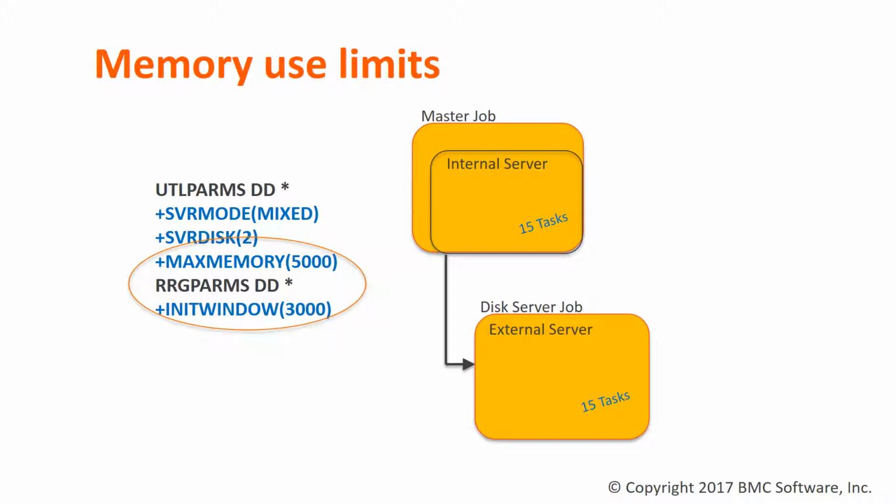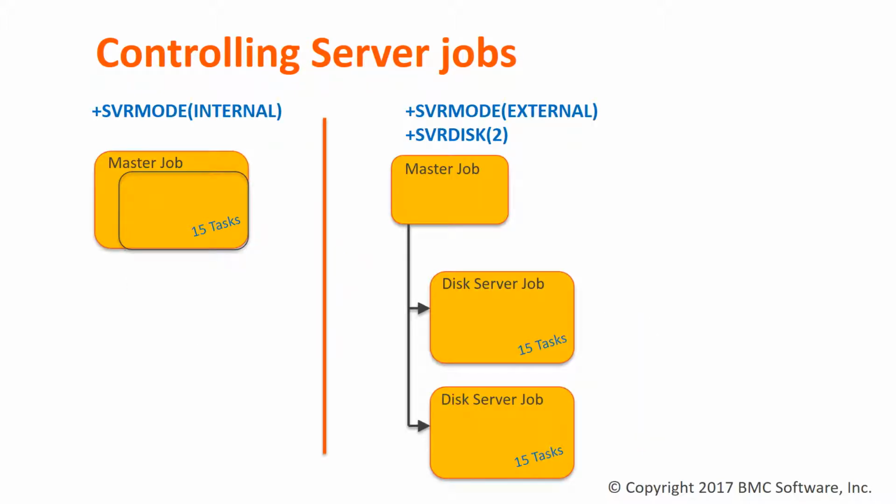Now, with this better understanding of memory use by server and task, let's have a look at controlling servers. On the left, the job specifies server mode internal. With this, all of the work is done in the master job. This negates next generation technology and inhibits throughput. On the right, this job specified server mode external.